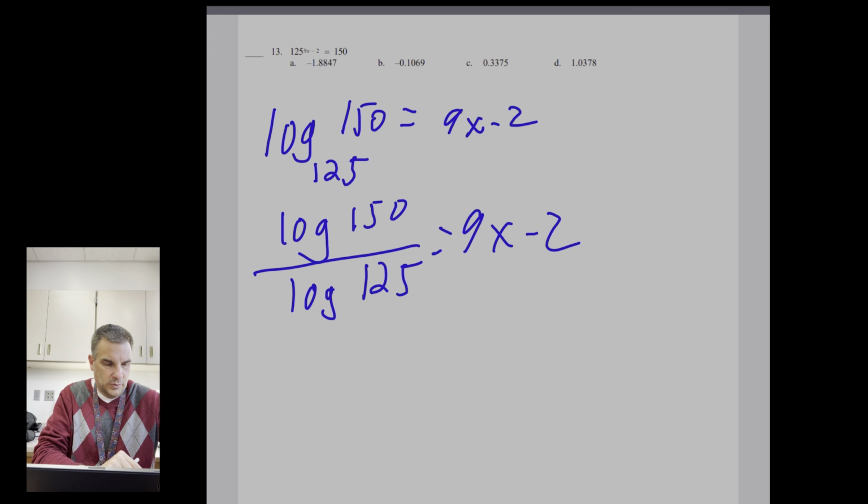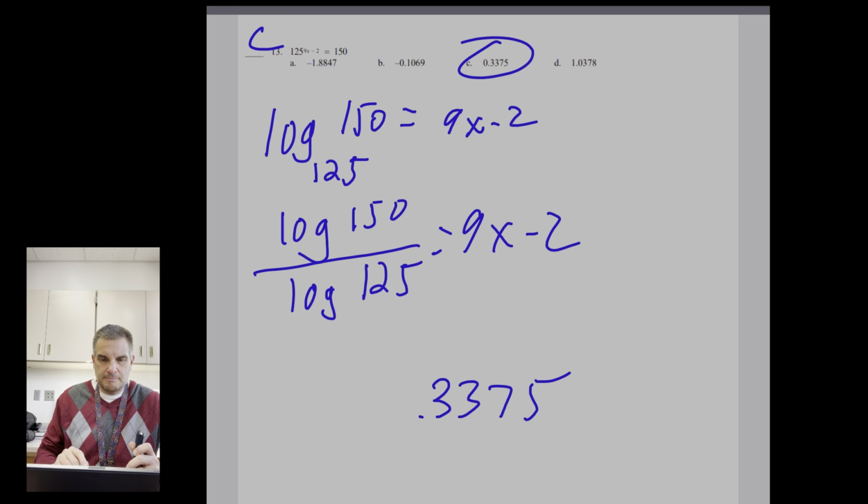So the log of 150 divided by the log of 125 gives something. We're going to add 2 to that and divide by 9, and we get 0.3375, which is C, the correct answer. Again, add 2, divide by 9.